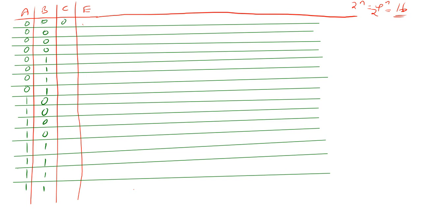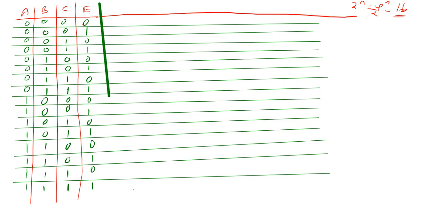And you have to start with whatever logic you started with here. So we are going to start always with zeros. So that is for C. Then for E, we go with 0, 1, 0, 1. So those are the inputs.